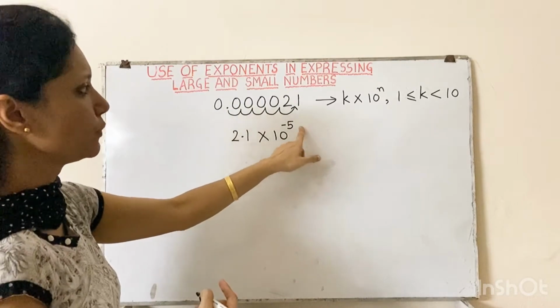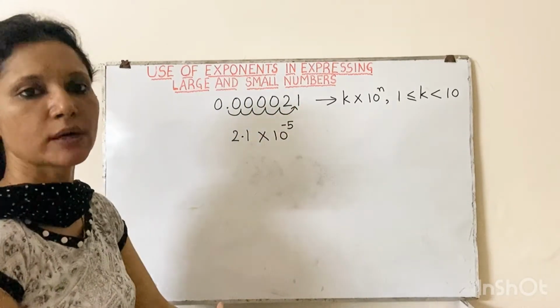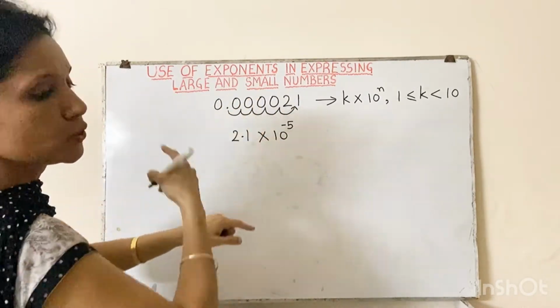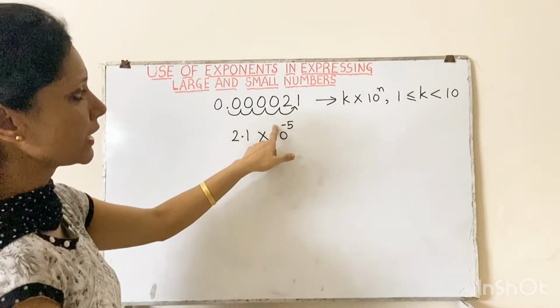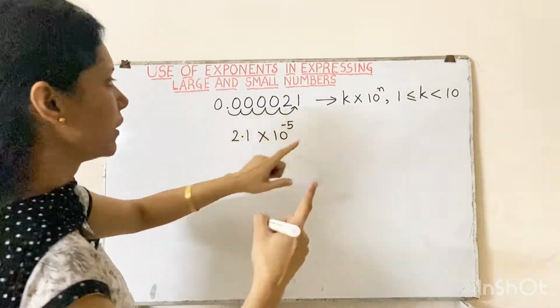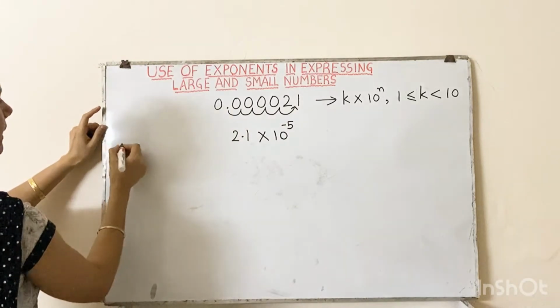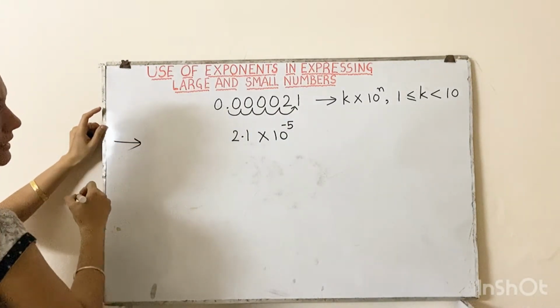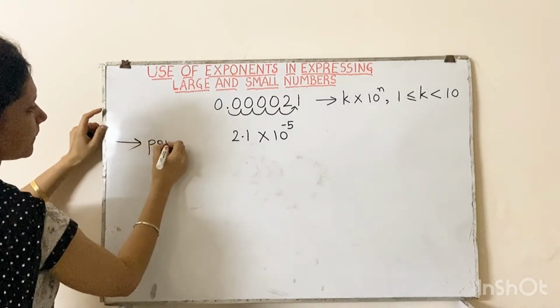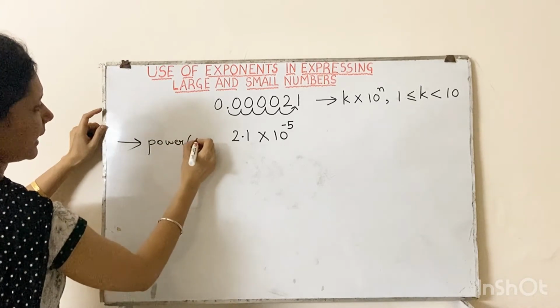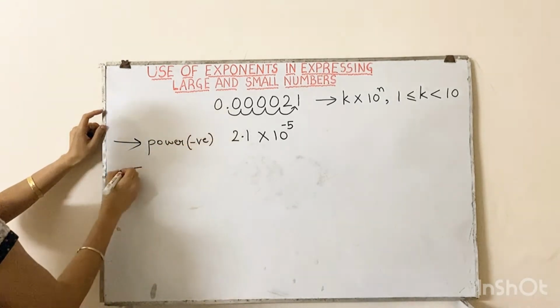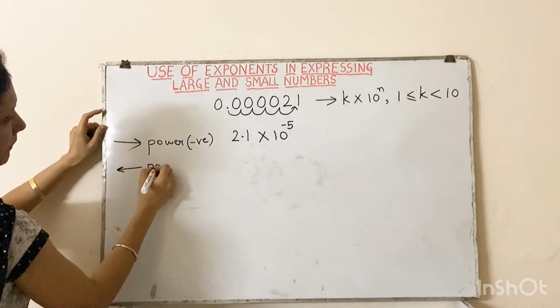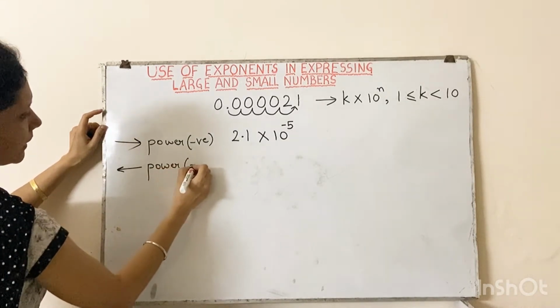The power would be the number of jumps that you are taking. Now since you are jumping towards the right hand side, the power should be negative. So always keep this in mind: when you are jumping towards the right, the power is negative, and when you are jumping towards the left, the power is positive.